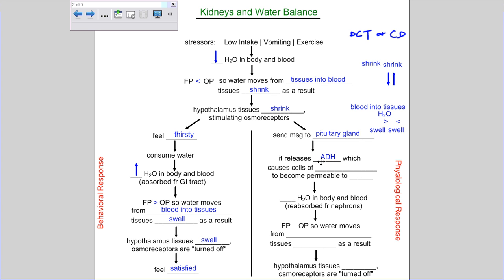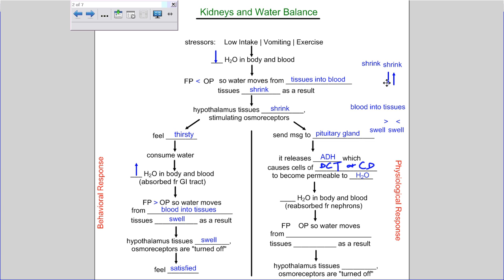That's the hormone we were talking about that causes cells of the distal convoluted tubule and the upper collecting duct to become permeable to water. So it goes to the kidneys and tells that region to become permeable to water.